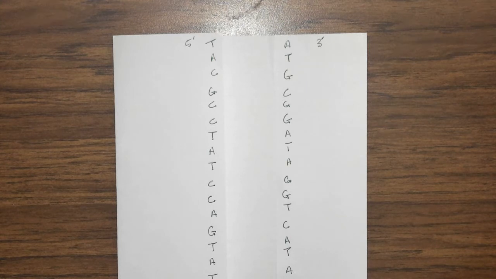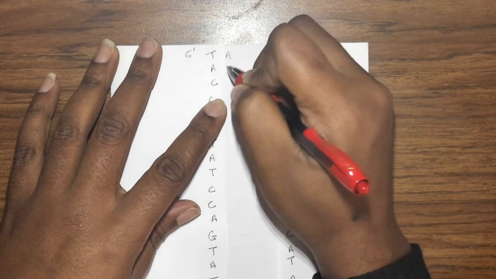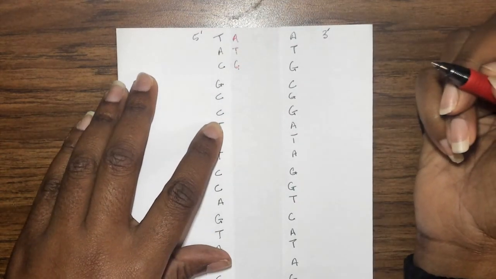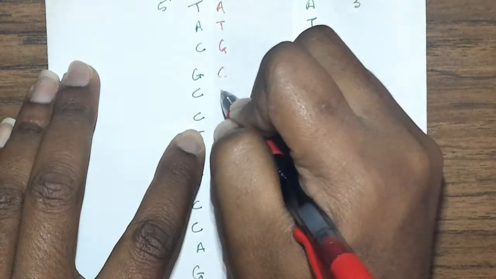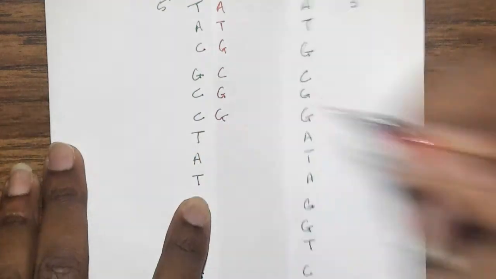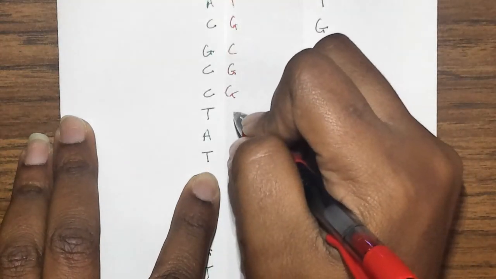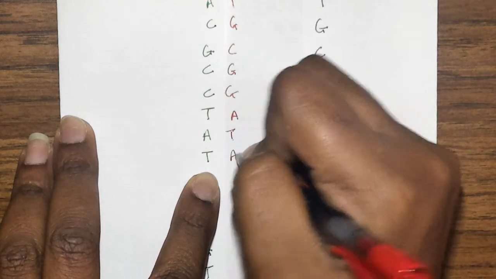So let's all pretend to be DNA polymerase and start adding the complement. So for TAC, the complement is what? ATG. For GCC, the complement is what? CGG. For TAT, the complement is ATA.